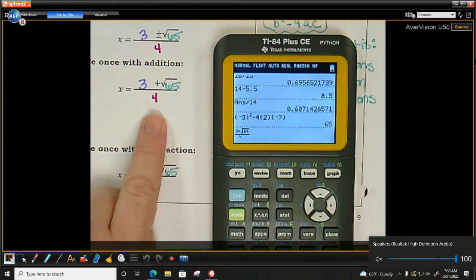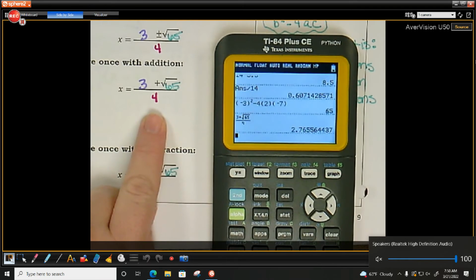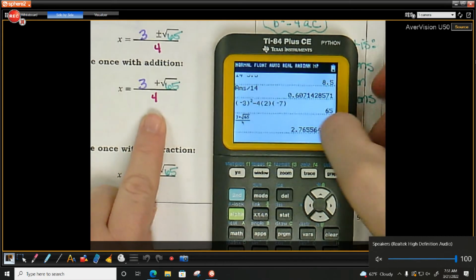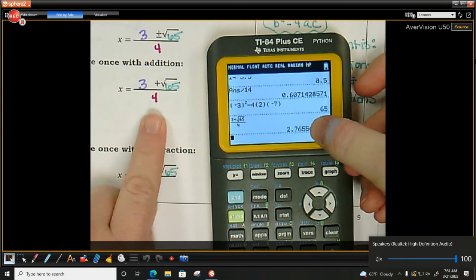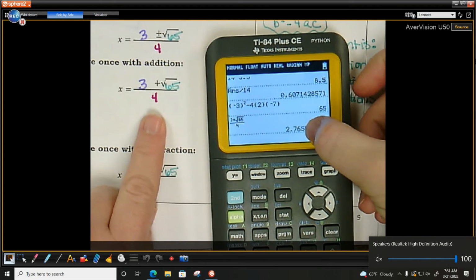And hit enter. And we get a decimal. Let's round to the nearest thousandth, which is 3 numbers after the decimal. So I'm going to look at the 4th. Does 5 round things up or keep it the same? Up, so that 5 is going to become a 6. So it's going to be 2.766.